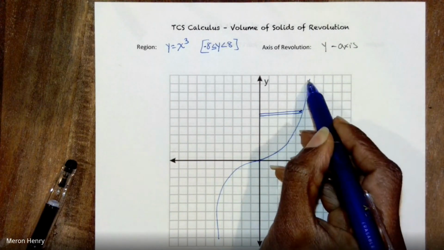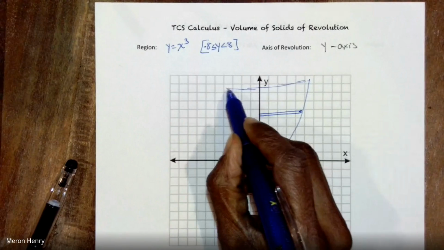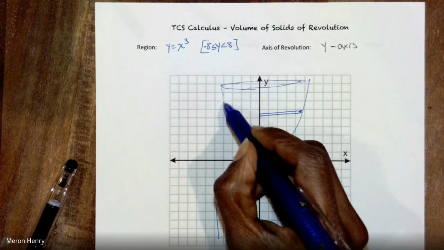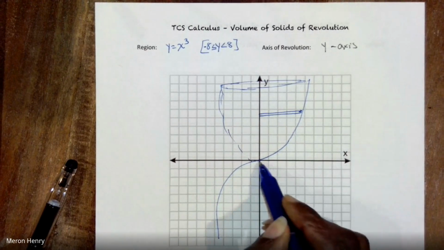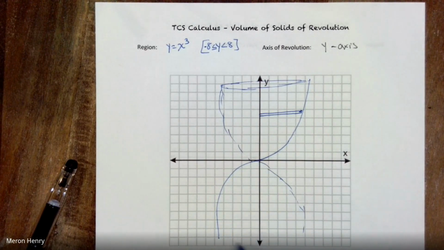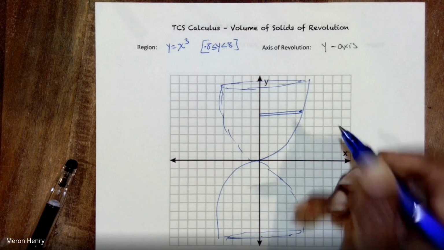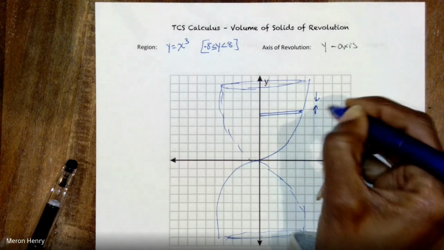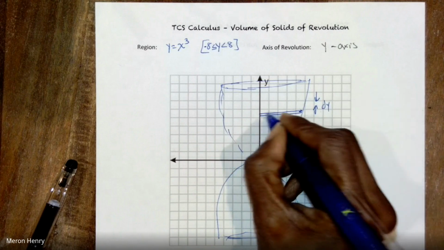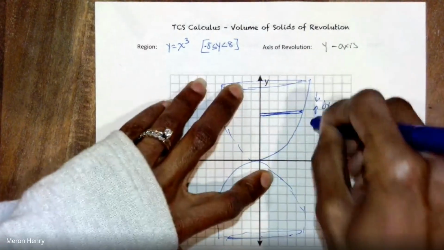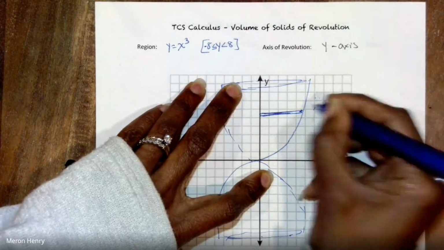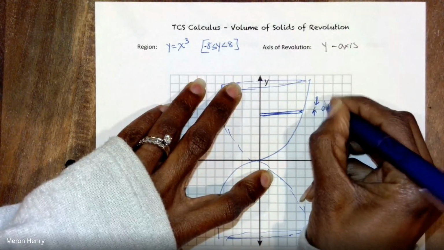And when this revolves around the x-axis, it's going to create something like this, right? And this is your dy. So you're going to have a horizontal cross-section, if you will.